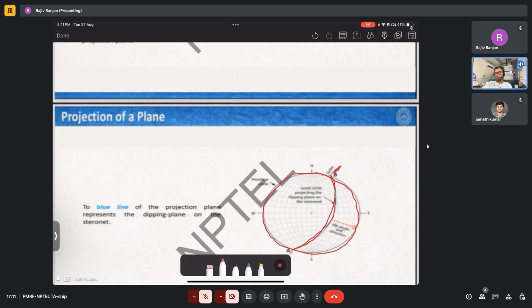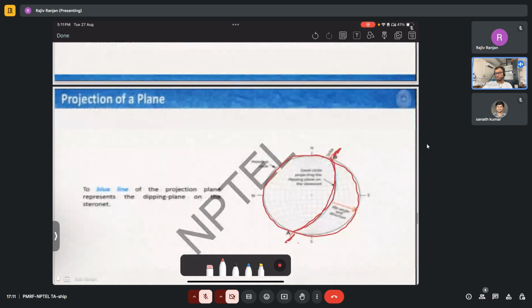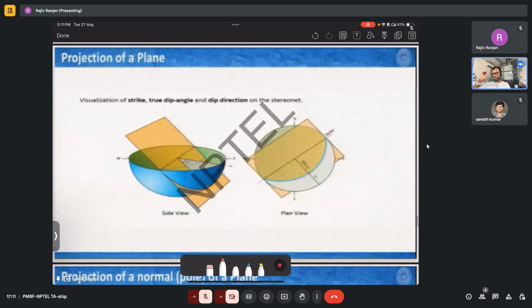Points A and B will give you the strike, and this will give you the dip angle and direction. Basically, this will be the dip amount and dip direction. I hope you have understood a little bit. You must now have some basic idea.